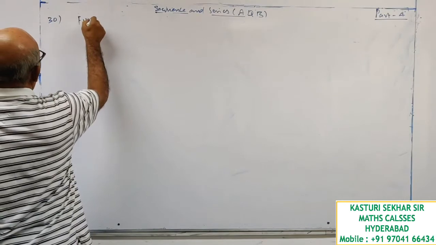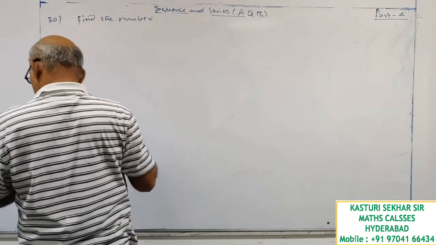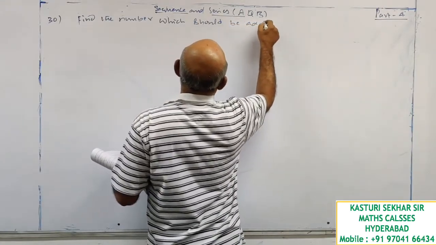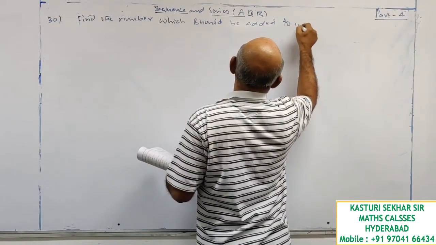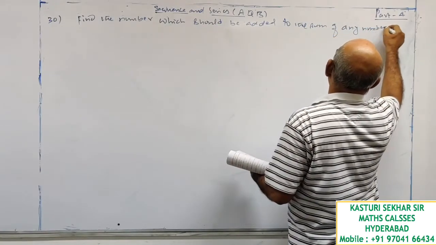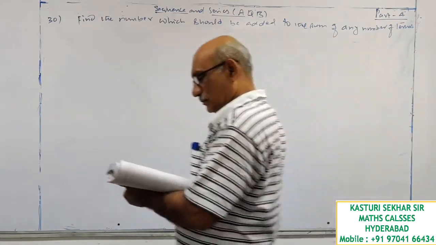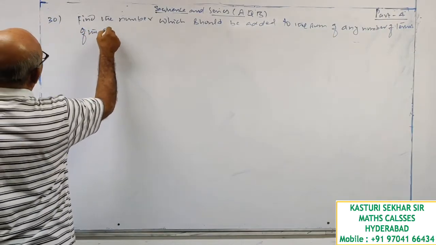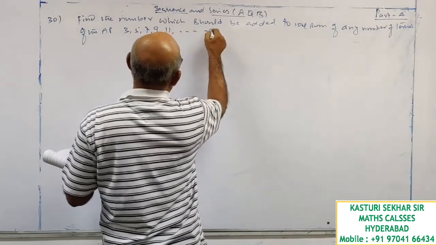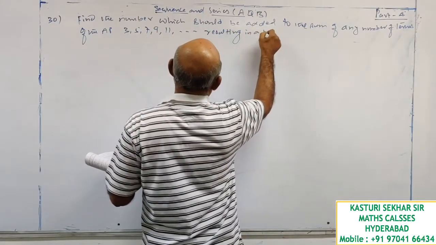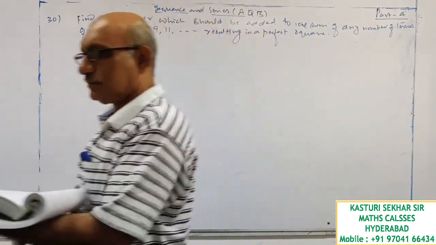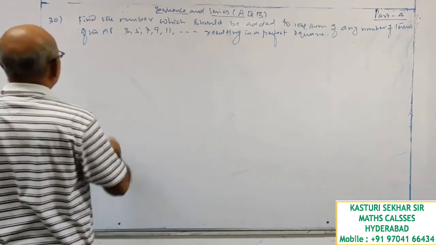Find the number which should be added to the sum of any number of terms of the AP 3, 5, 7, 9, 11, etc., resulting in a perfect square. Solution.